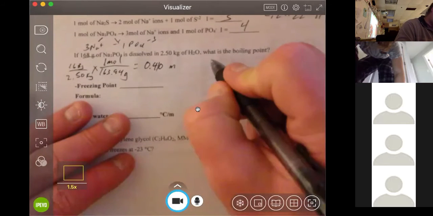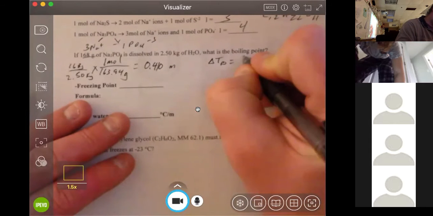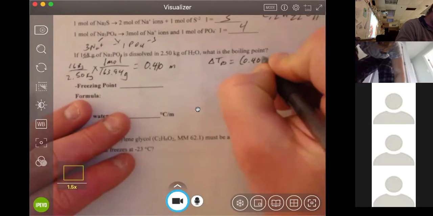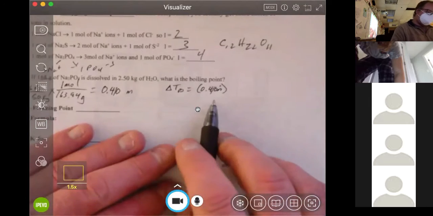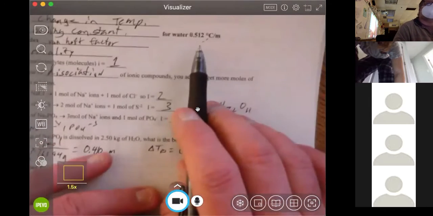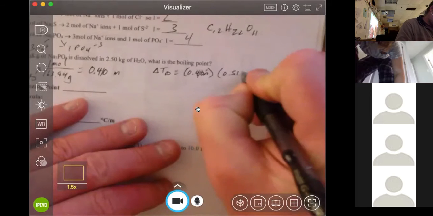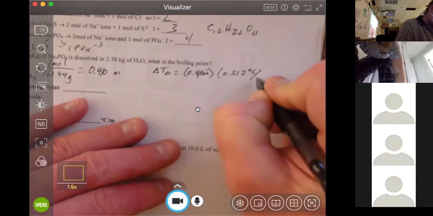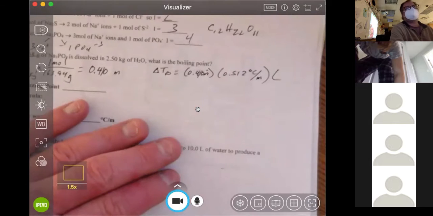We then need to use our formula, delta T sub B equals the molality times the KB, which for water is 0.512, times the Van Hoff factor.